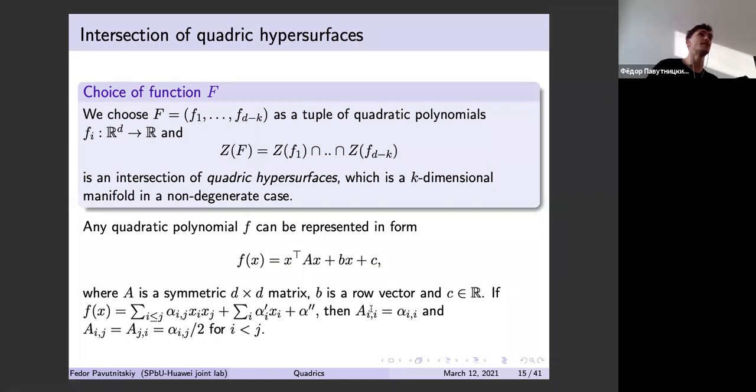I understand. This is very interesting actually. It's a bit controversial, at least for me. I will try to explain. The more quadrics we have, the smaller the manifold we get in the end, right? But the more quadrics we have, the more parameters we will have.